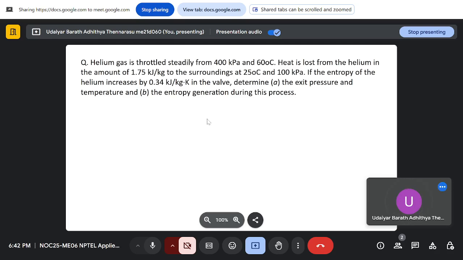During this throttling process, the entropy of the helium increases by 0.34 kilojoule per kg Kelvin in the valve, and we need to determine the exit pressure and temperature and how much entropy is generated.